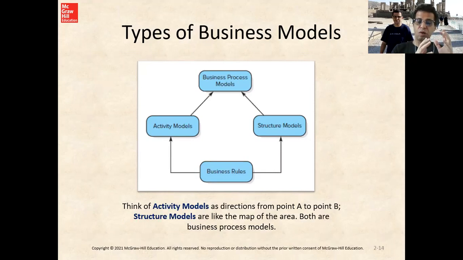The structure model is like the map of the area. So you can look at the map and you can go to the right side of the island or to the left side to reach the point. And both are business process models. So the structure is like the map, and the activities are like point A to B.